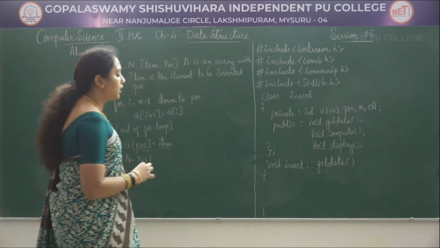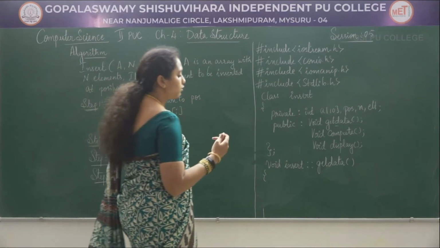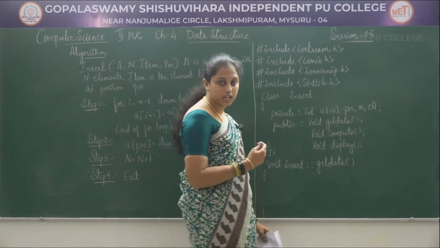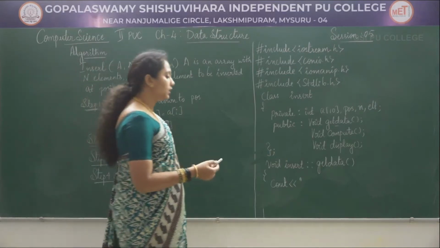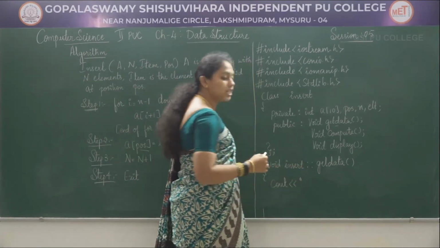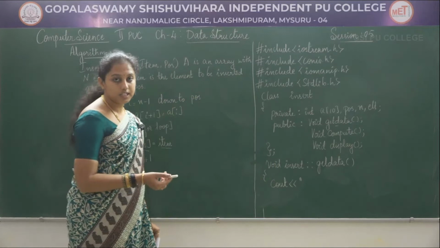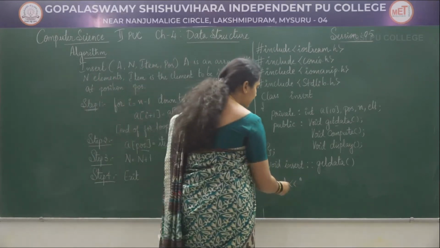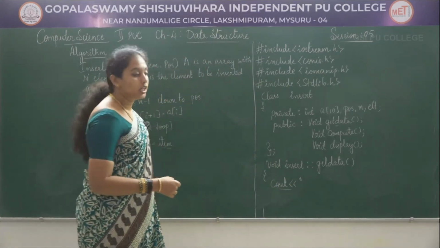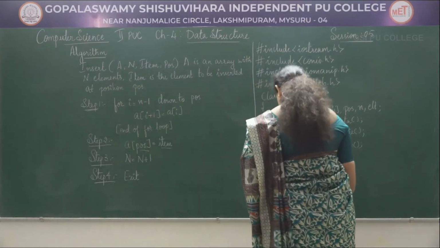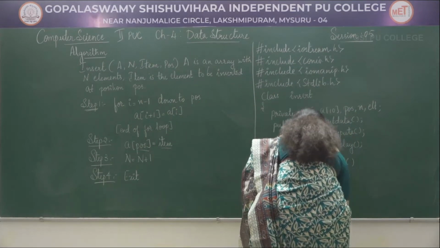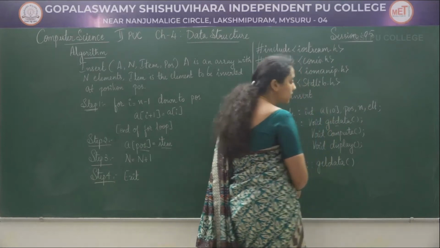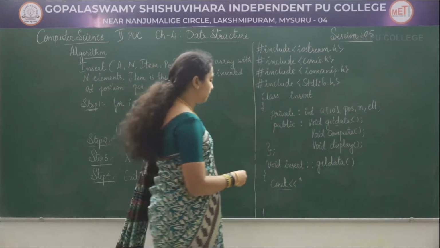So what are the required information? First we have to accept the size of an array. We have to enter the size of an array. So I want to display it on the display screen. So for that I am using cout statement to display the data on the screen using this insertion operator.